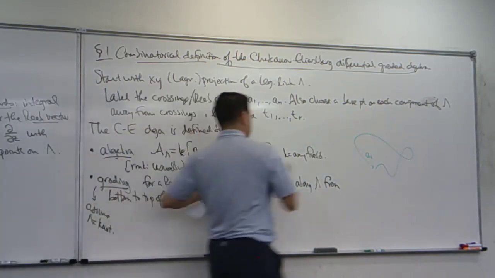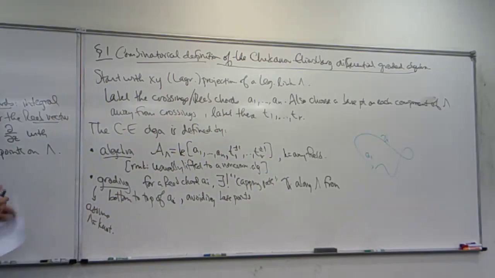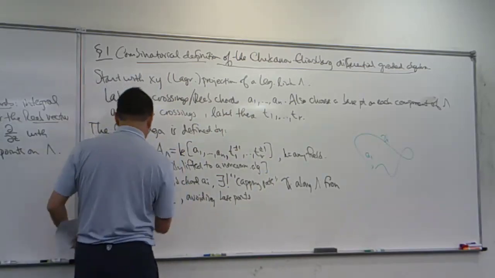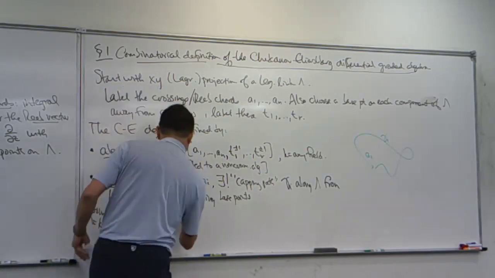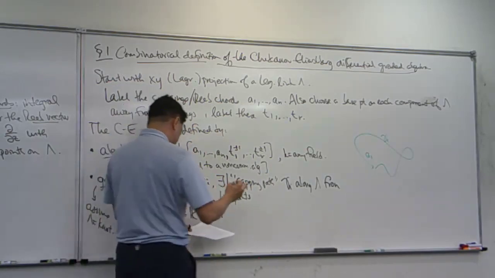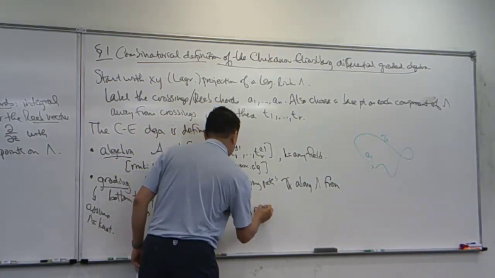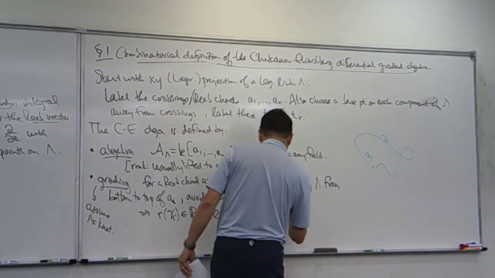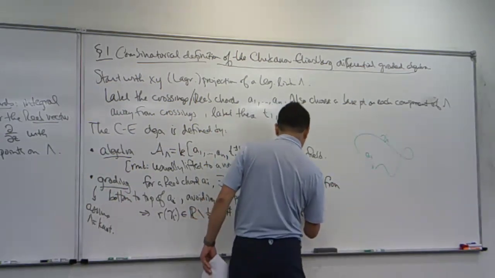Okay, and now this capping path inside of R^2 has a rotation number. I'll write this as r(gamma_i). This is the number of counterclockwise revolutions of the derivative of gamma_i from beginning to end.